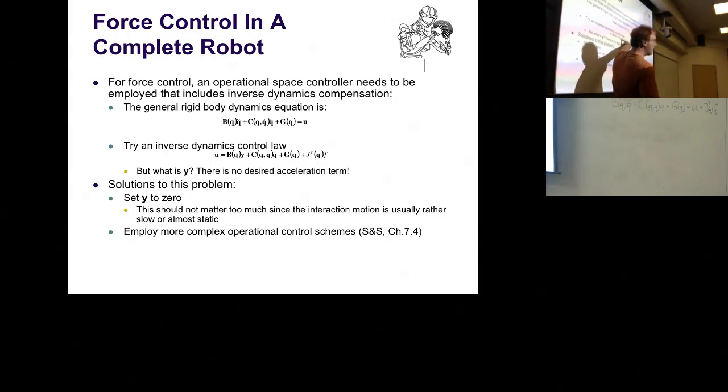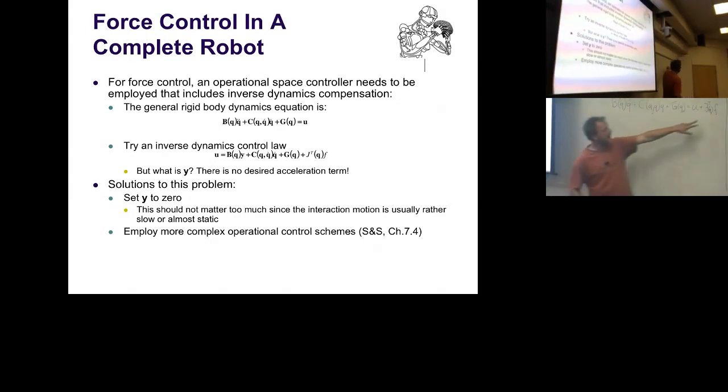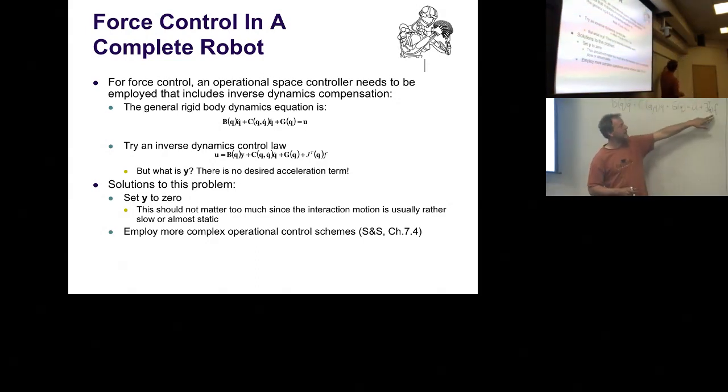C and g are our normal feedback linearization terms. And we have our force control law, which we just derived from the simple spring mass system. We plug that force control law in here and just reflect it through the Jacobian transpose into joint space.